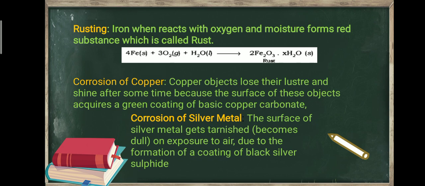Copper objects lose their luster and shine after some time because the surface of the object acquires a green coating of basic copper carbonate. In the third case we have corrosion of silver metal. After some time the surface of silver metal gets tarnished and becomes dull when exposed to air, because of the formation of a coating of black silver sulfide. So these were the common examples of corrosion that we see in our daily life.